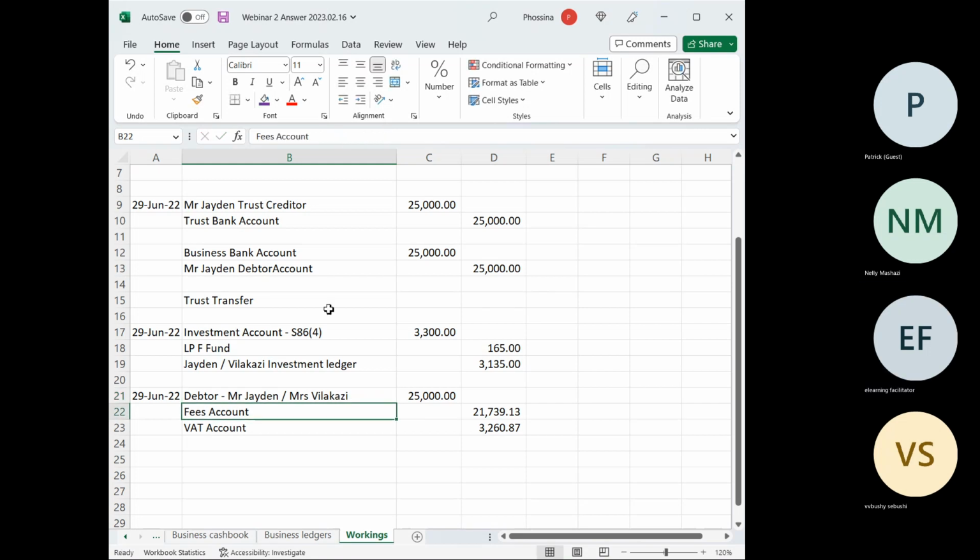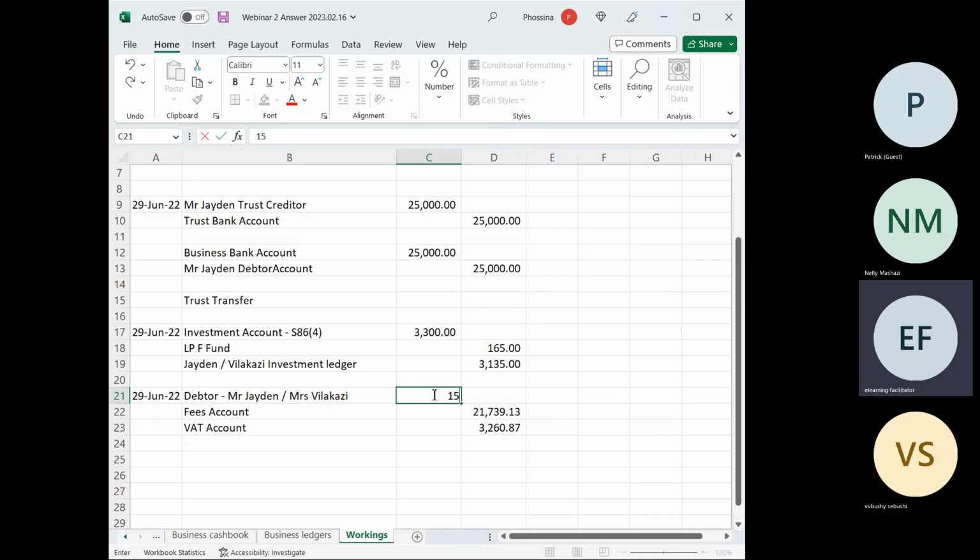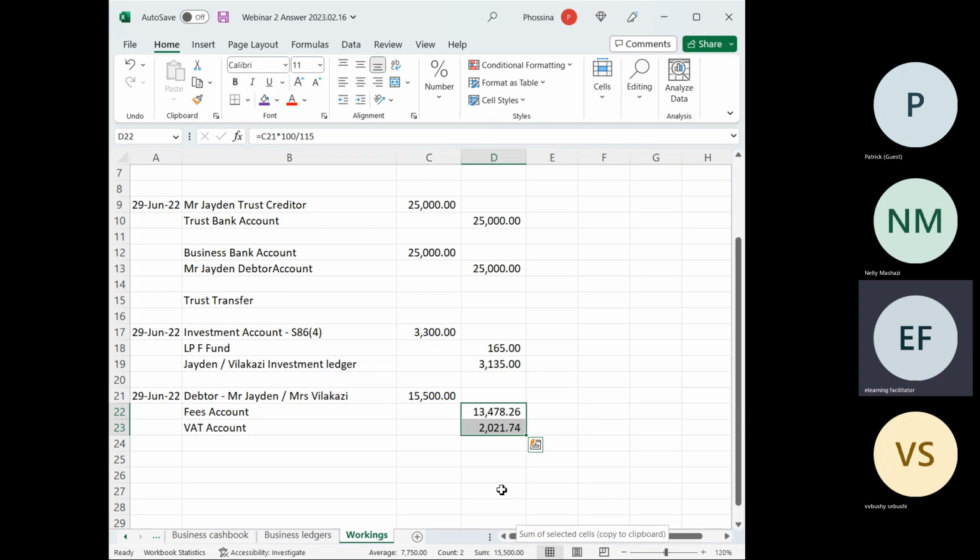See? And then the total amount, 15,500. And then now we have to calculate our fee component out of that because it's inclusive of VAT. So it's the same concept of dividing by 100 and dividing by 15. So if we can add up this, it comes to 15,500 like that.